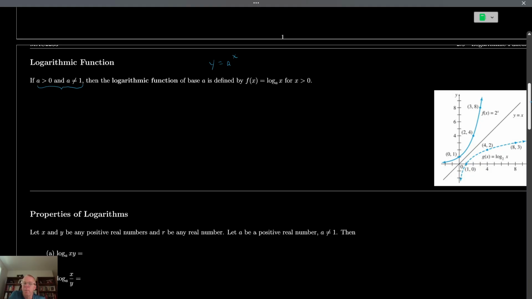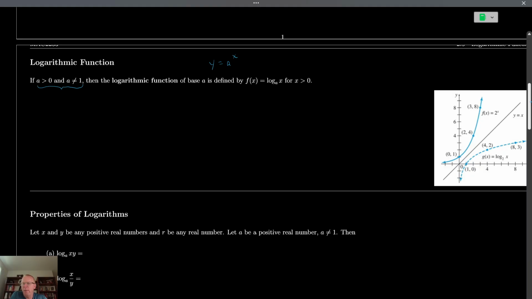The reason is that a log function is the inverse of an exponential, so a can only be the same things. It can't be one thing in an exponential and a different thing in a log. If it can't be negative here, it cannot be negative here. So if a is greater than 0 and a is not equal to 1, then the logarithmic function of base a is defined f of x equals log base a of x.